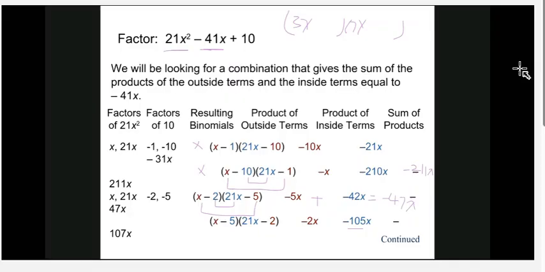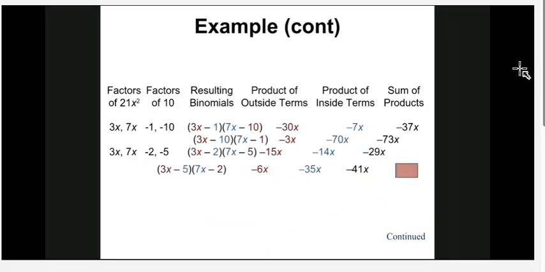This one multiply, you got negative 105x. Multiply outer, you got negative 2x. Add up, you got negative 107x. Again, did not work. Okay. So look at the 3x and 7x in here.